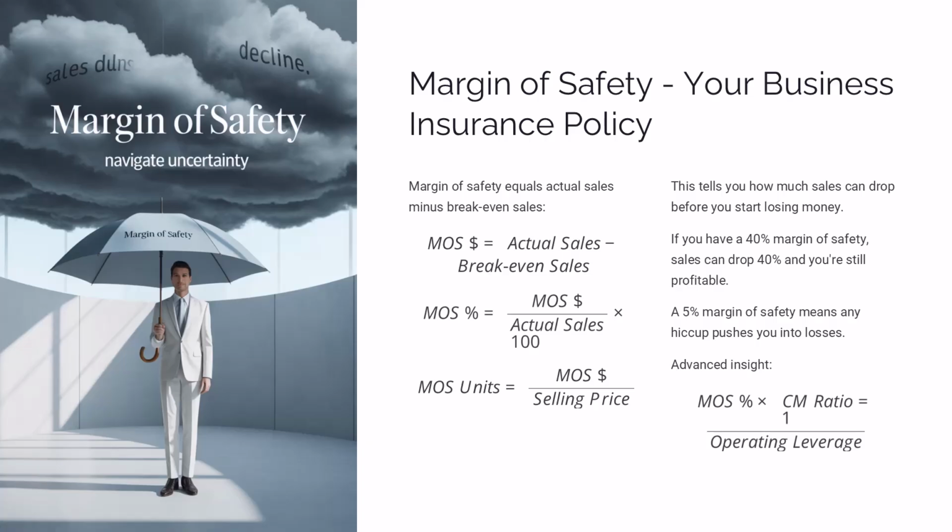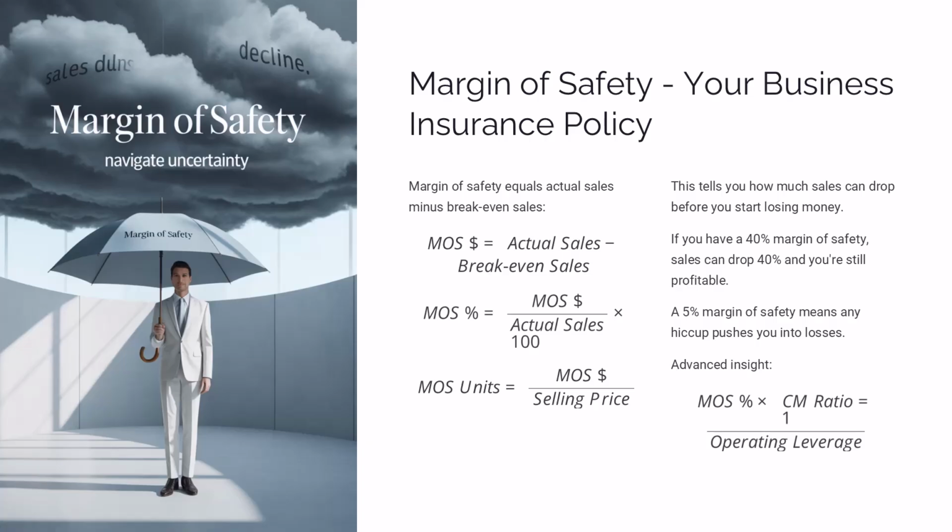Margin of safety, your business insurance policy. The margin of safety is probably the most underappreciated concept in all of business. Yet it's exactly what Warren Buffett looks for in every investment and what saved Microsoft during the 2008 crisis while other tech companies collapsed.